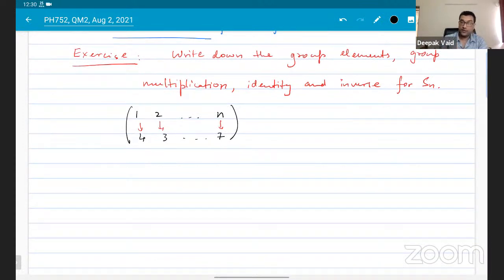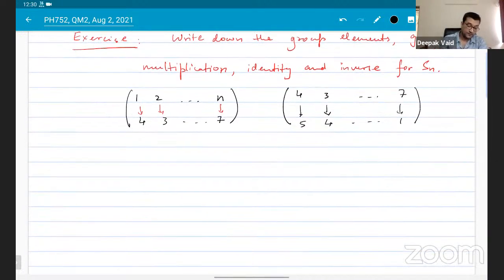And then if you have another permutation which acts on this, it will do the same thing. It will take these elements to whatever other values you might have, such as 5, 4, 1. It just depends on what the size of your group is, right? So these are some examples of continuous and discrete groups.